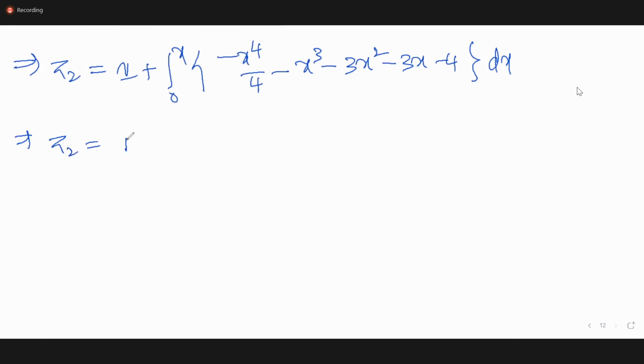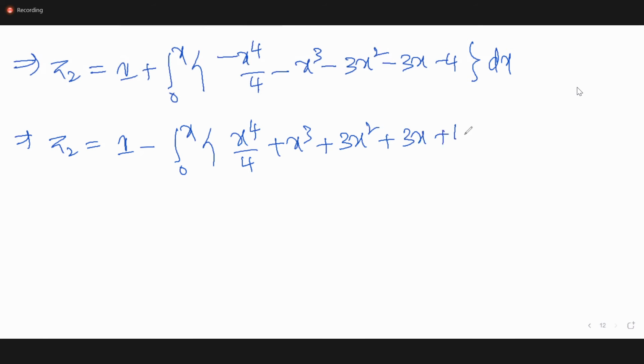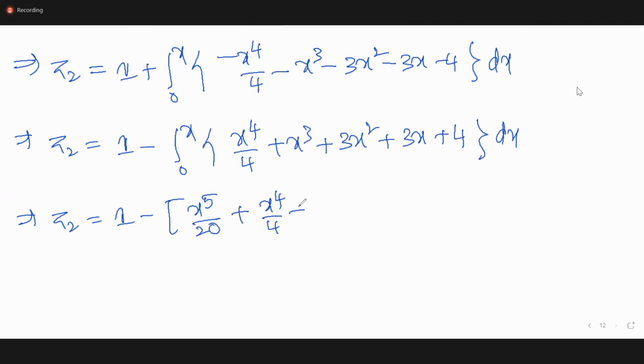So Z2 is equal to 1 minus integration from 0 to x of x power 4 by 4 plus x cube plus 3x square plus 3x plus 4 into dx. So Z2 is equal to 1 minus integration x power 5 by 20 plus x power 4 by 4 plus 3x cube by 3 plus 3x square by 2 plus 4x from the limit 0 to x.